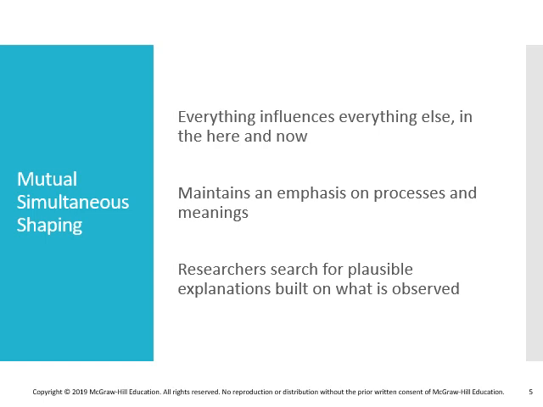I kind of alluded to the concept of mutual simultaneous shaping earlier, but everything influences everything else in the here and now. What that means is that everything has the potential to influence something else that's happening. Imagine it's not one linear path where one thing affects the other, like a domino effect.